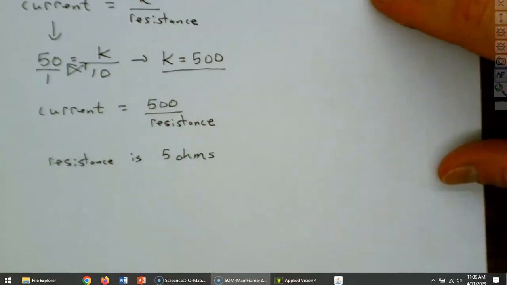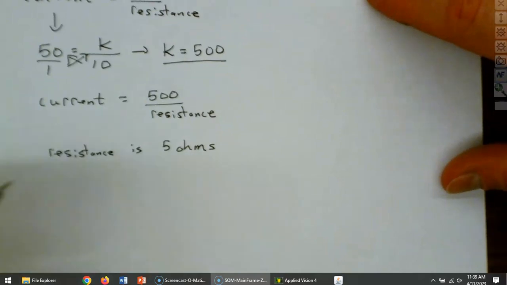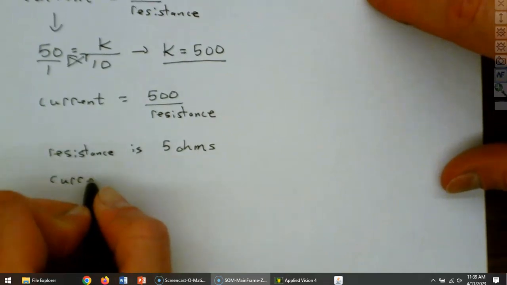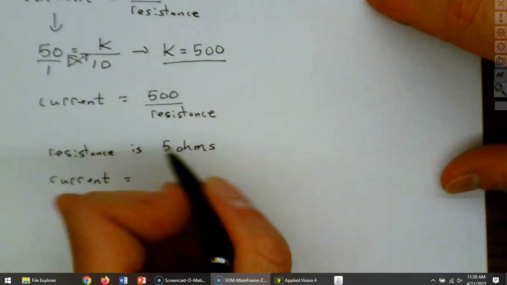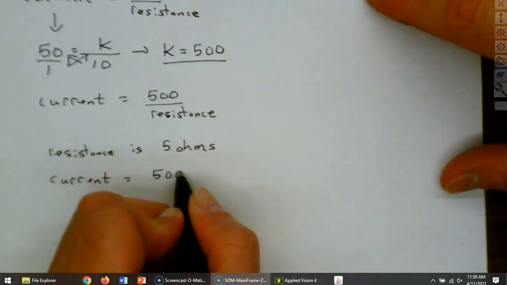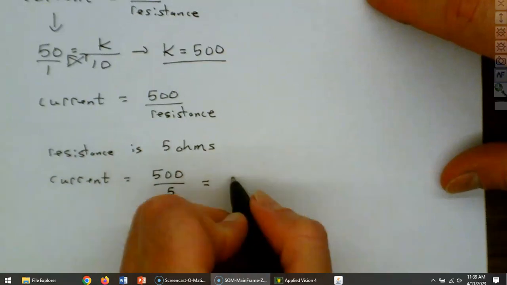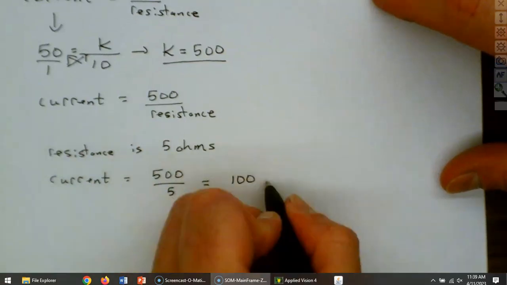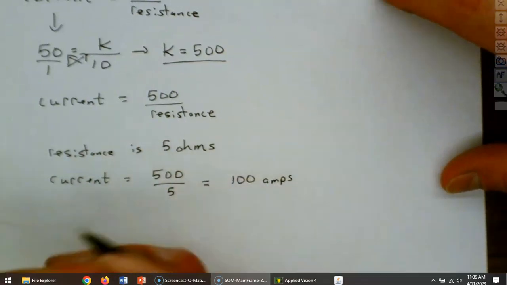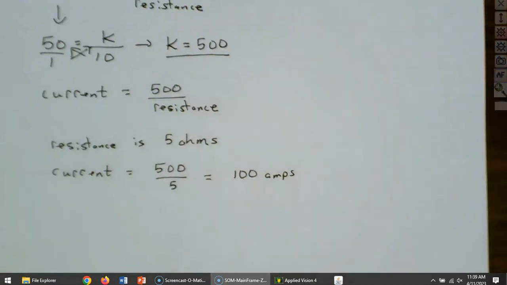So what does it look like now for our current? We plug in our current. We plug in our resistance, so that's 500 over that 5, and that reduces down, and that gives us 100 amps. So we would expect 100 amps of current if that resistance is 5 ohms.